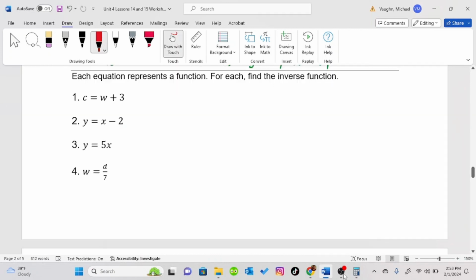Each equation represents a function. For each, find the inverse function. So for number 1, I want to change from an equation that solves for C to an equation that solves for W. So I'm going to subtract 3 from both sides, and now I have W equals C minus 3.